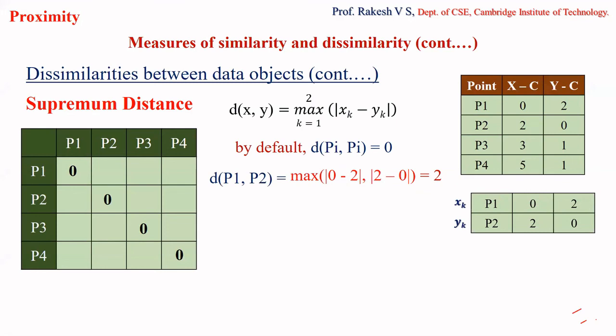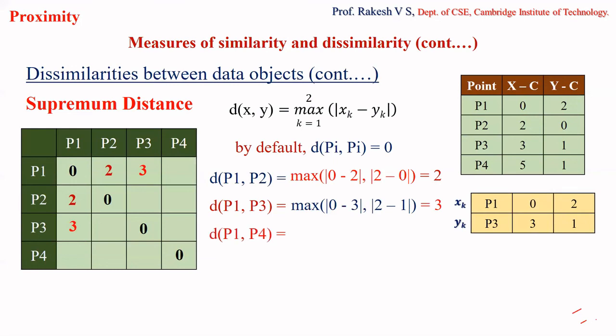Maximum of 2 comma 2 is 2 only. So I'll tabulate 2. Next I'll consider P1, P3. So the values for P1, P3 are 0, 2 and 3, 1. So what will be the formula? Maximum of 0 minus 3 comma 2 minus 1. So 0 minus 3 is 3, absolute value is 3. 2 minus 1, absolute value is 1. Maximum of 3 comma 1 is 3. So I'm going to tabulate 3 here.